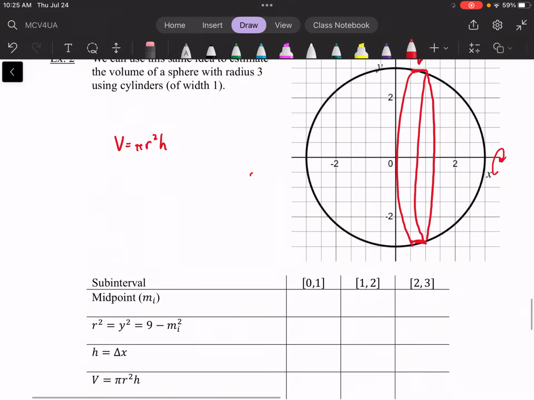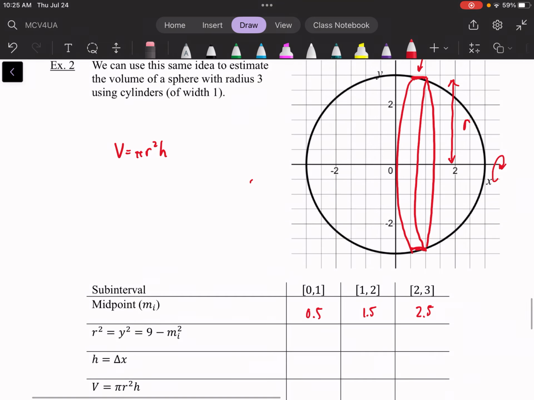So the midpoint on 0 to 1 is 0.5, the midpoint on 1 to 2 is 1.5, and the midpoint of 2 to 3, 2.5. Now, this is our radius, and this part is the height of each of these cylinders.